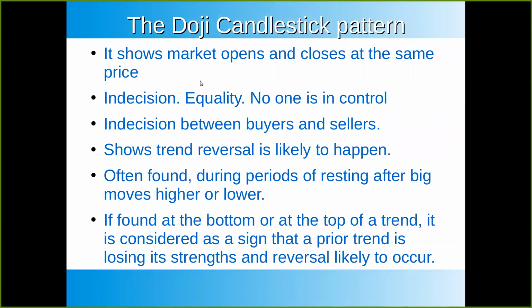We have a few features that I highlighted here. It shows that the market open and the close are at the same price. It's an indecision candle, or equality in the market. It shows that nobody is in control of the market. Indecision between the buyers and the sellers.